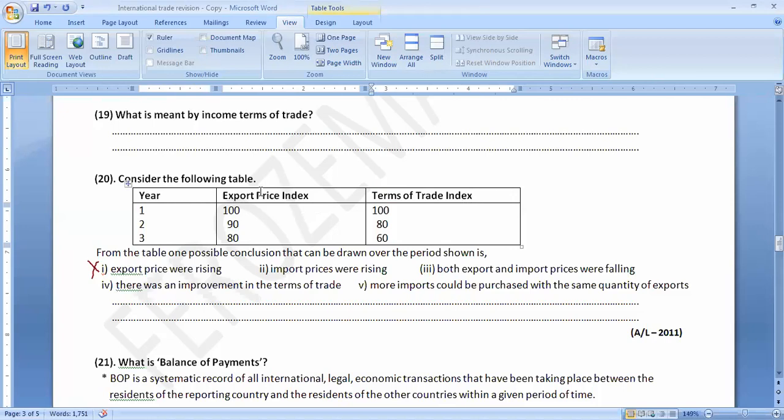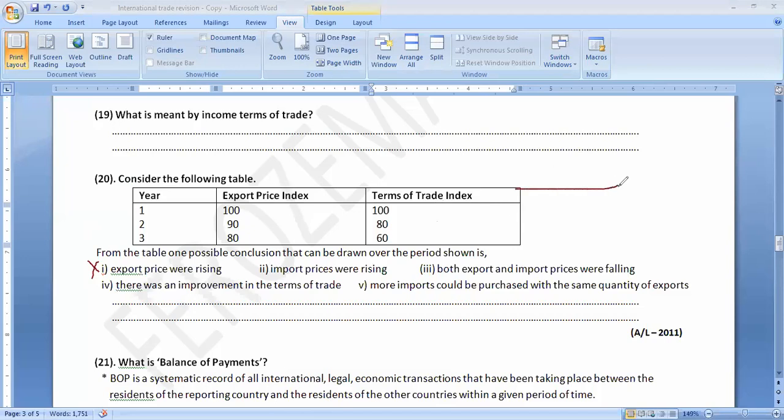Okay, right. Then let's see the answers. Export prices were rising. It is wrong. Import prices were rising. You can't decide using this table directly. So you want to find the import prices. Now, export price index given now.